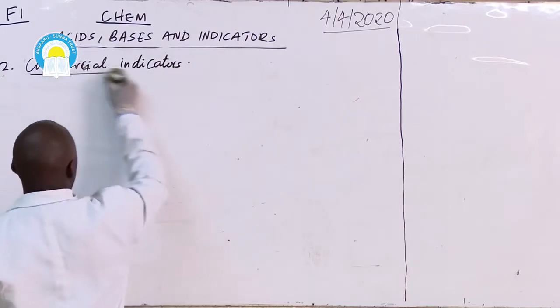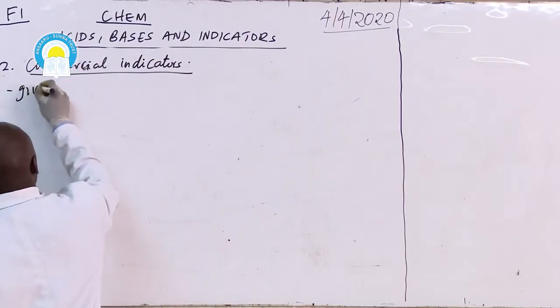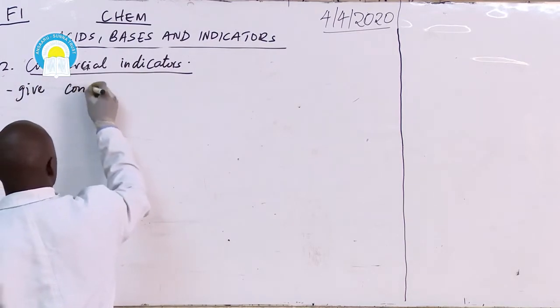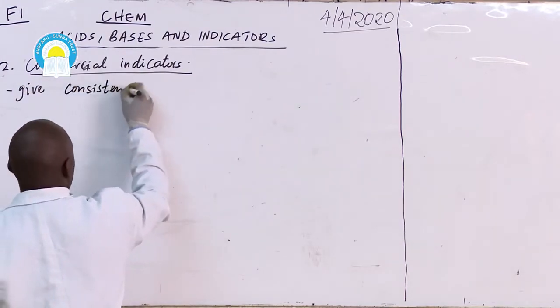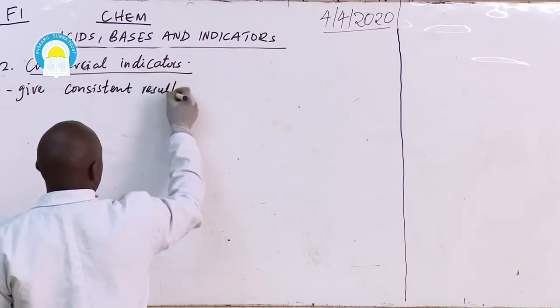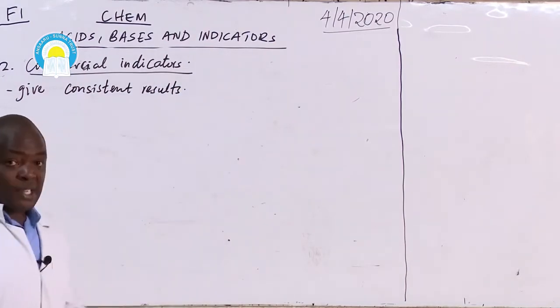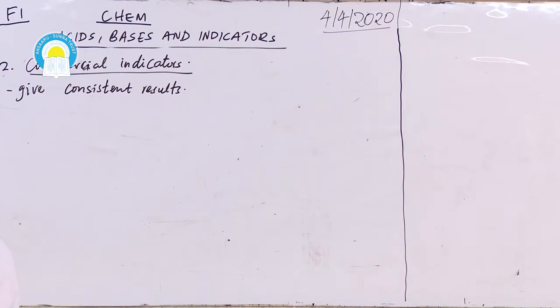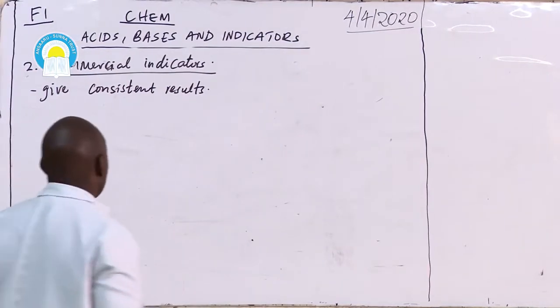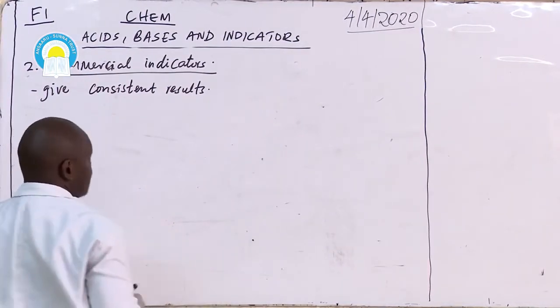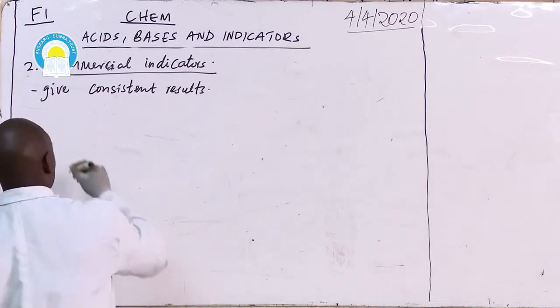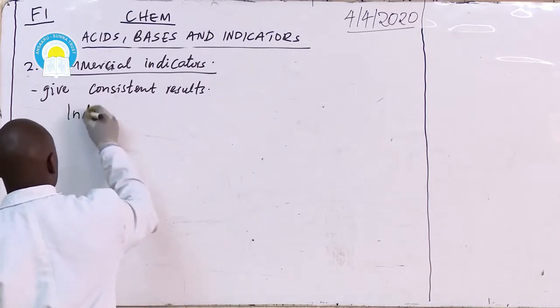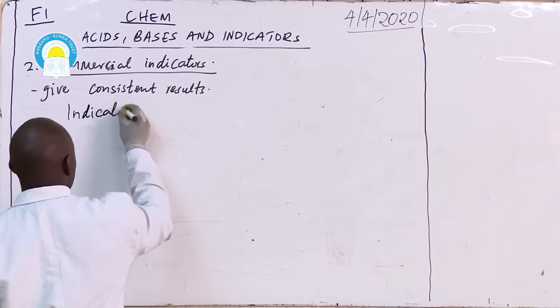These ones give more consistent results. That is, they will show the same color in acid and the same color in base. Then there are 3 types of commercial indicators. So we are going to discuss that by using a table.